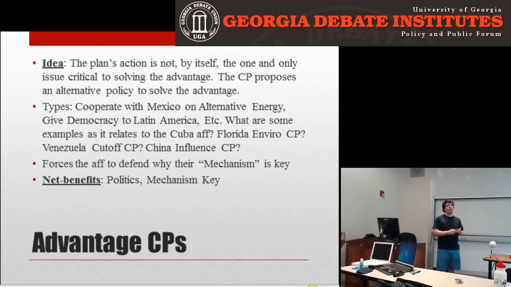Yeah, it's basically relations. Yeah, the democracy one is a good one. Yeah, sure. Any sort of symbol of goodwill towards Cuba would be able to solve the reasons why that advantage is good.